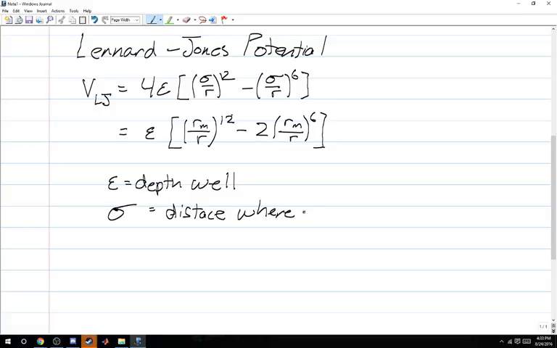You'll understand a little bit more after you see the graphs I have. And Rm is the minimum potential.